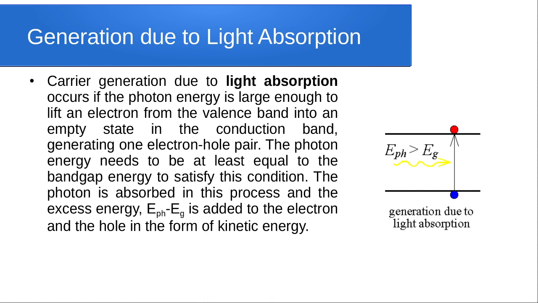And in case of generation due to light absorption, the photon energy is the energy which helps the electron to escape from the valence band to the conduction band. The only criterion is that the photon energy needs to be at least equal to the band gap energy.